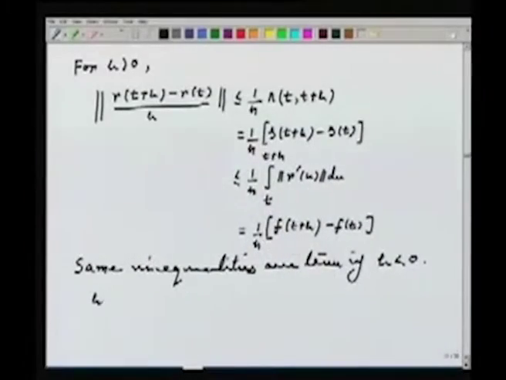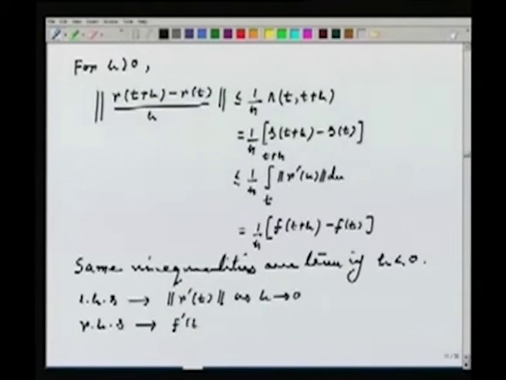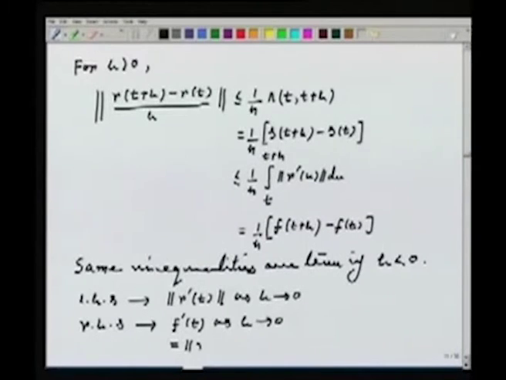Now the left hand side goes to norm r prime t as h goes to 0, and the right hand side goes to f prime t as h goes to 0. But from my first observation after defining f, it follows that f prime t is also equal to norm r prime t.